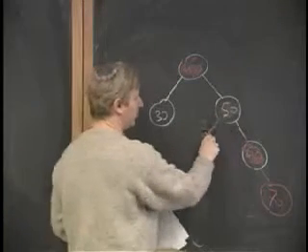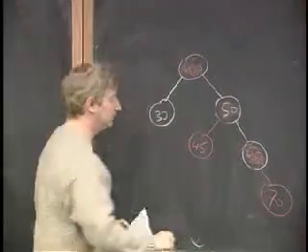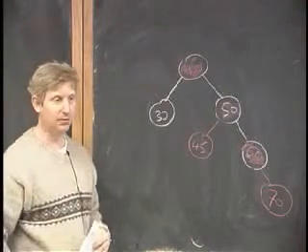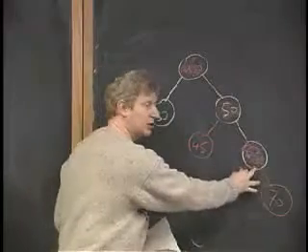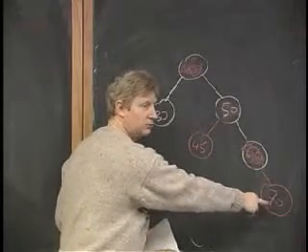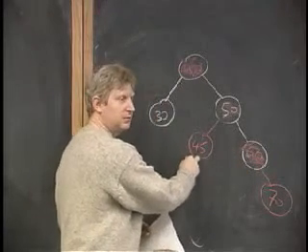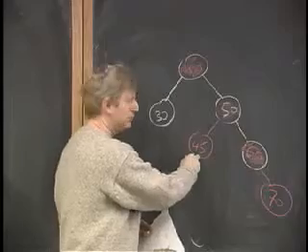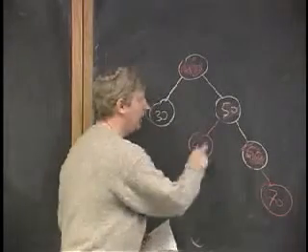Let's say we happen to have a red node out over here that was 45. This is the easy case. The easy case is you get a clash and the uncle of the new one, the first cousin, the uncle of this one is red.